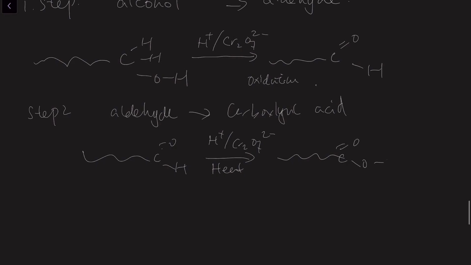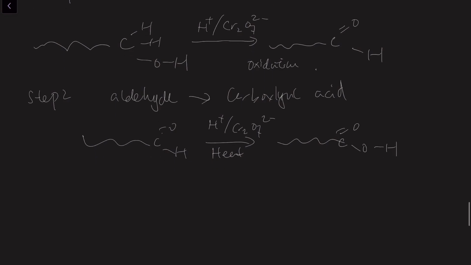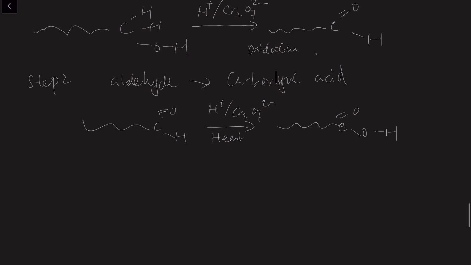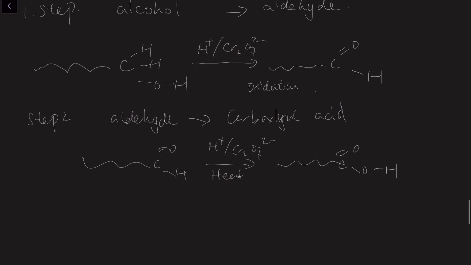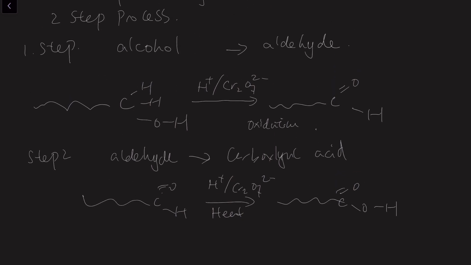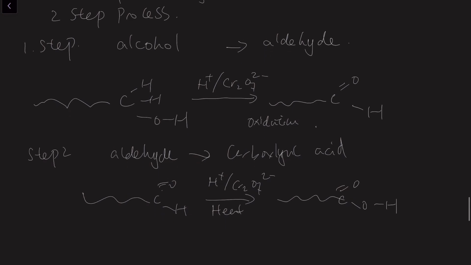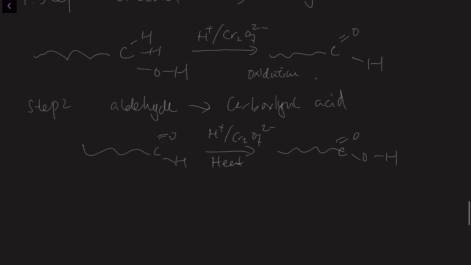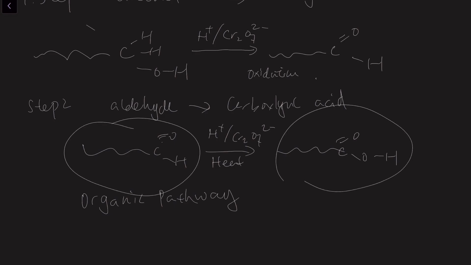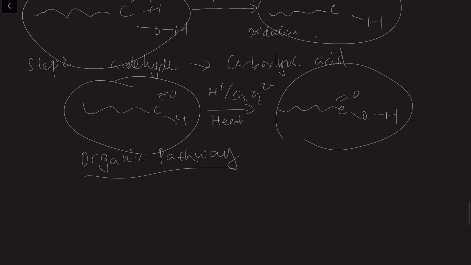So we are gaining an extra oxygen, which again follows the definition of oxidation. This process I have shown you is called the organic pathway. There's no inorganic product present in both reactant and product, and this is just the definition of organic pathway.